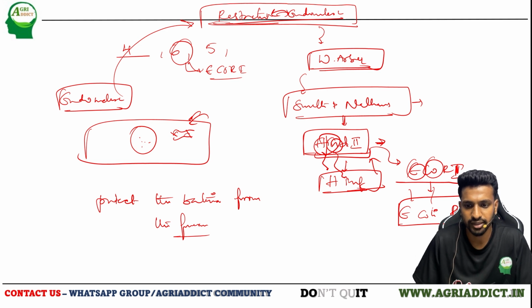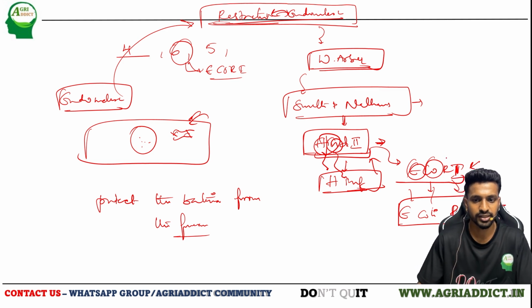E. coli RY13, and the Roman numeral I refers to the order of discovery. This was the first enzyme that was discovered in this particular strain, so that is why the Roman numeral is I. So this is about EcoRI.